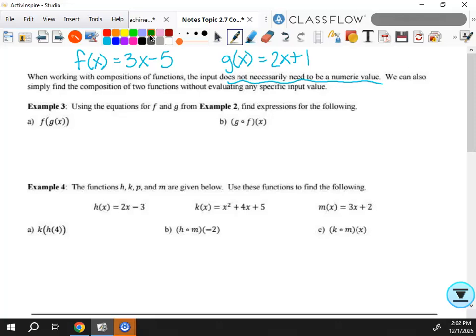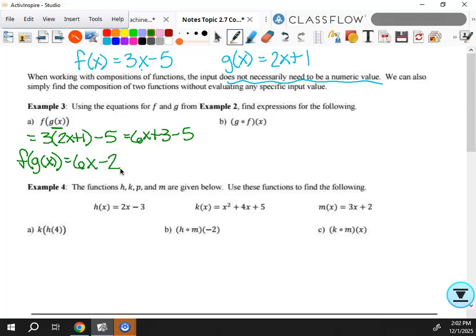So here I'm going to take g of x, that expression over there, and substitute it into f of x here. It's going to give me 3 times 2x plus 1, and then don't forget the minus 5. So that gives us 6x plus 3 minus 5. So f of g of x is 6x minus 2.